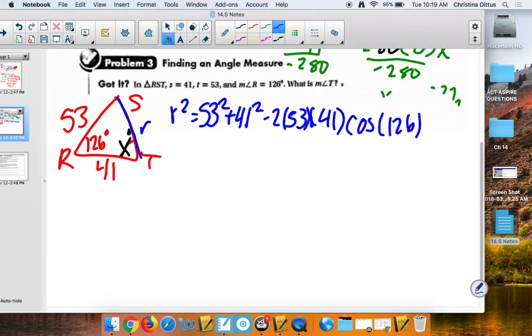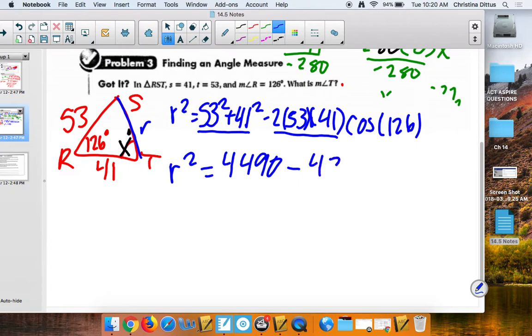Okay. Let's do our 53 squared plus 41 squared. Slower. 4,000 90 minus 2 times 53 times 41. 4,346 times the cosine of 126.